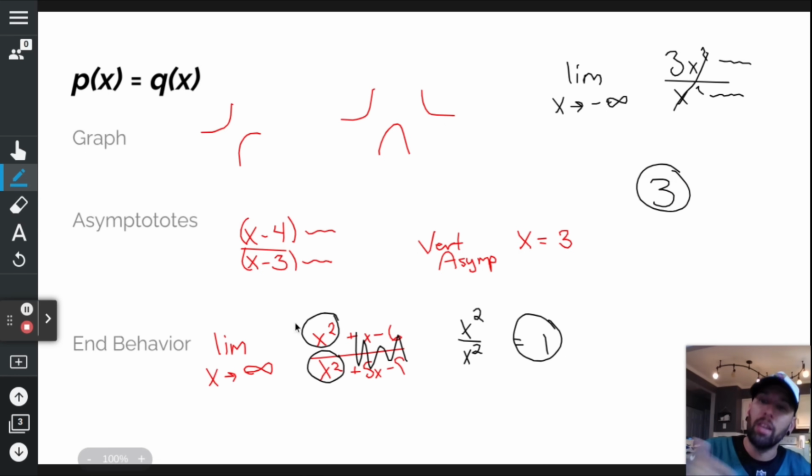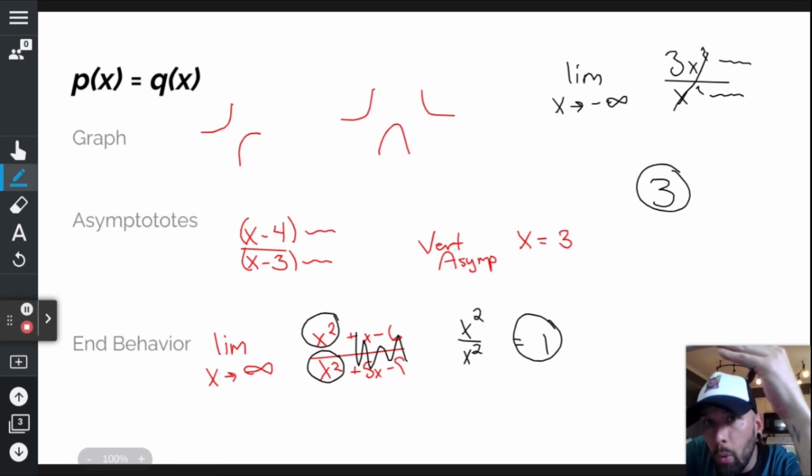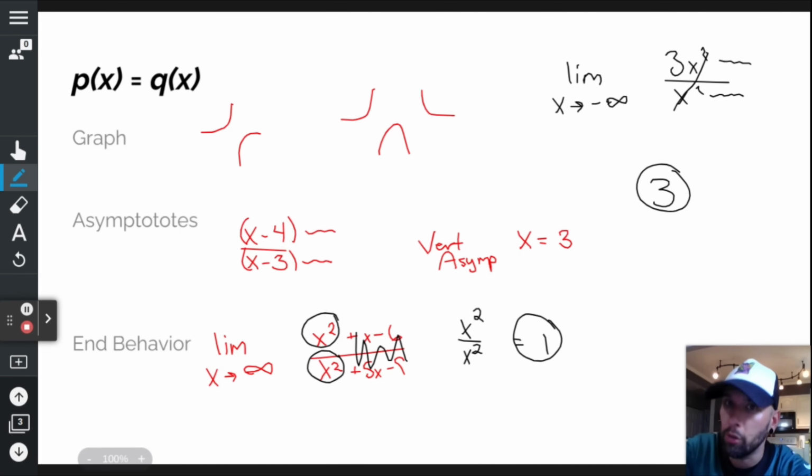So to find the limit, whether it's positive or negative infinity, you do the leading term divided by the leading term. When the degrees are the same, they cancel each other out, and whatever number is left over is your answer.